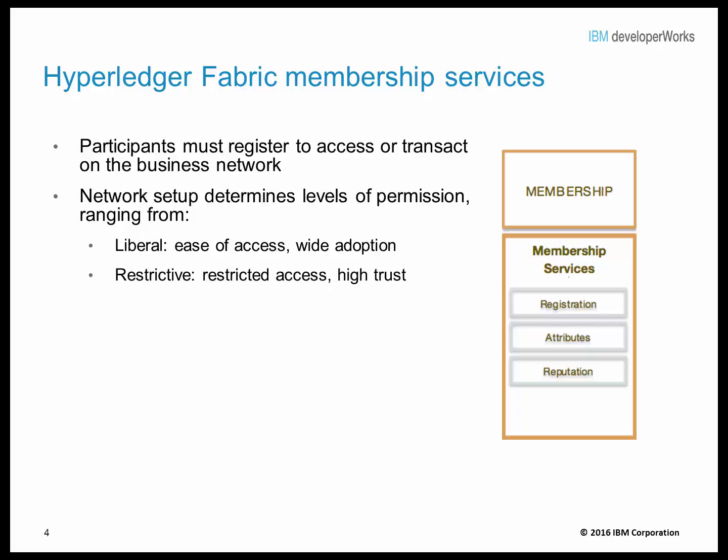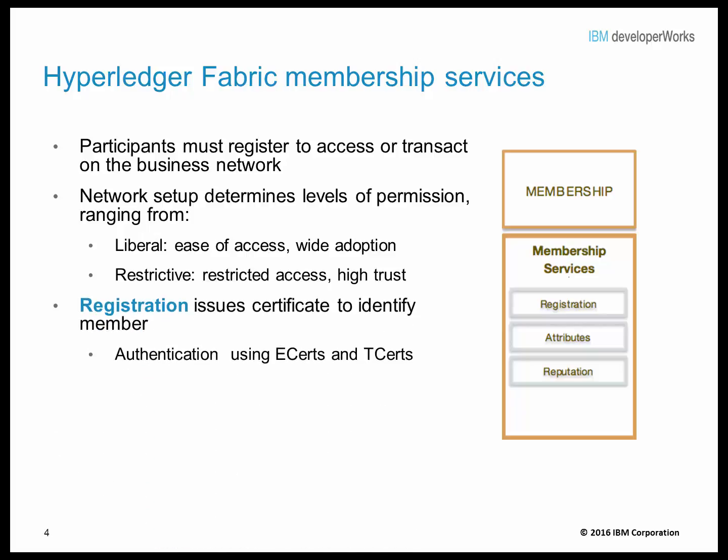Moving on to the key functions provided by membership services, let's talk about the first key function, registration. The approach taken to reconcile identity management with user privacy and enable competitive institutions to transact effectively on a common blockchain is done through the registration process, that is, issuing a certificate identifying a member.